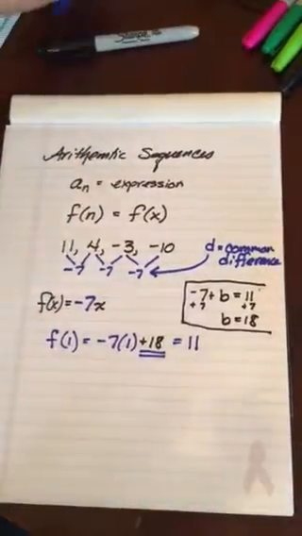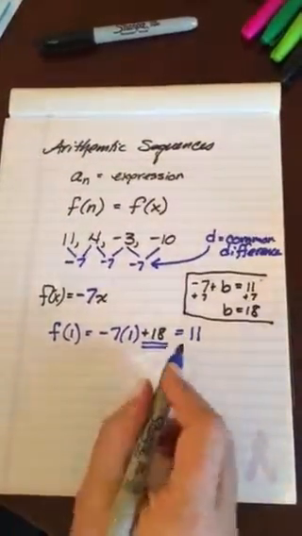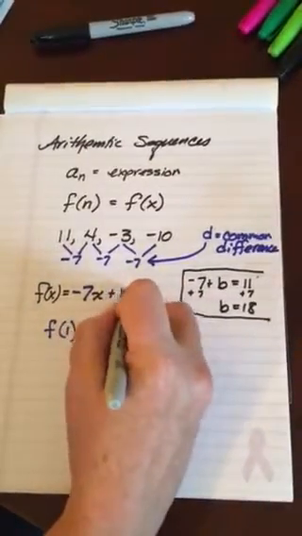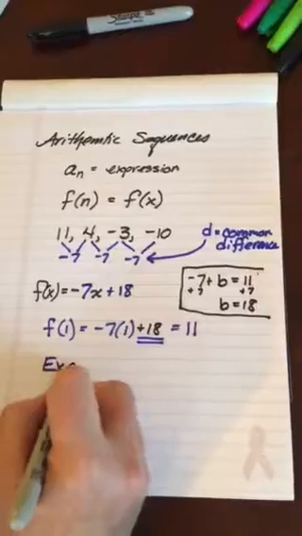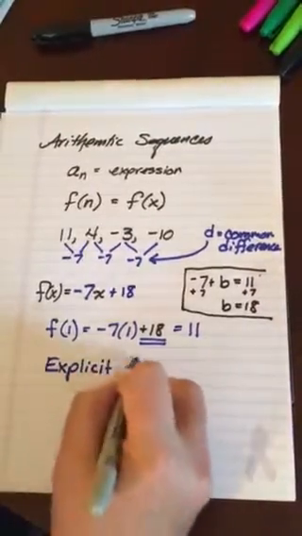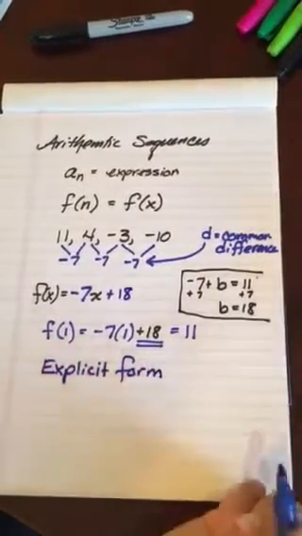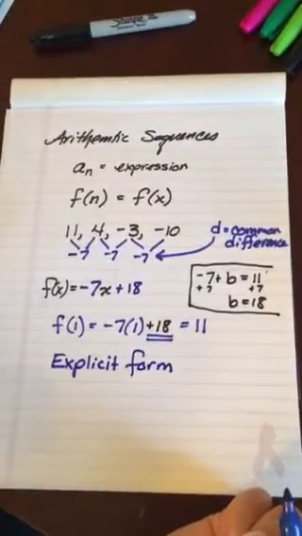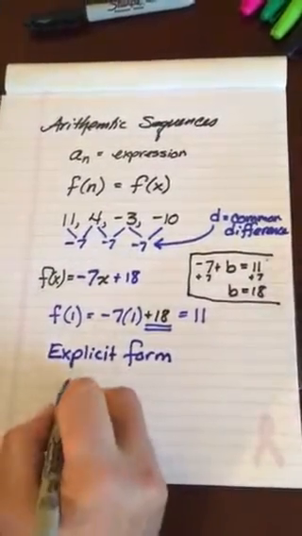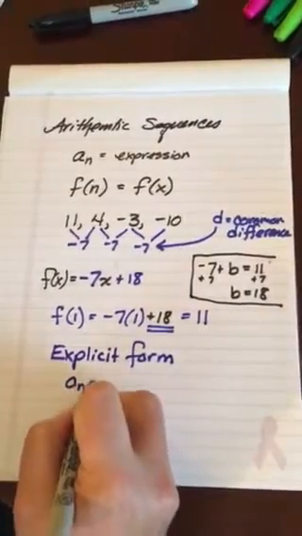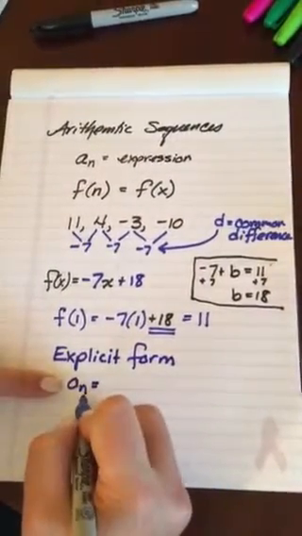So this is called the explicit form. I have to remember to go back up here and add 18. So when you're asked for the explicit form, that's when you can just plug the number in and go, and you get whatever term you want. That can be given in this form, a sub n, where I'm defining the term.